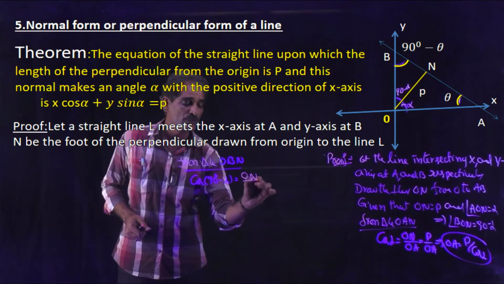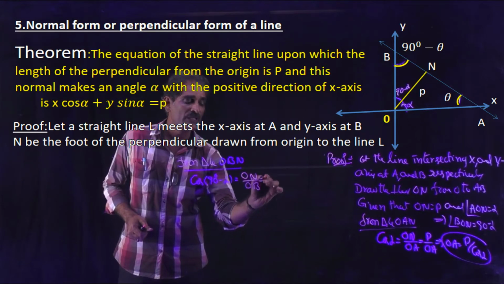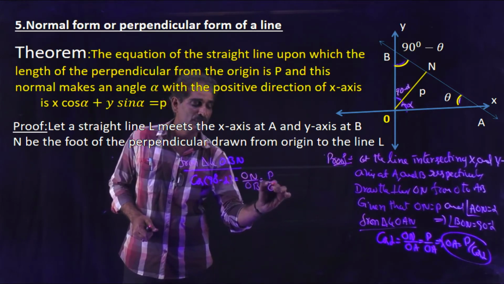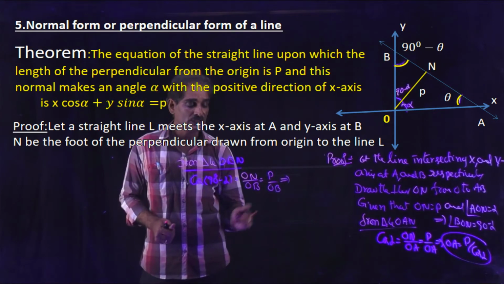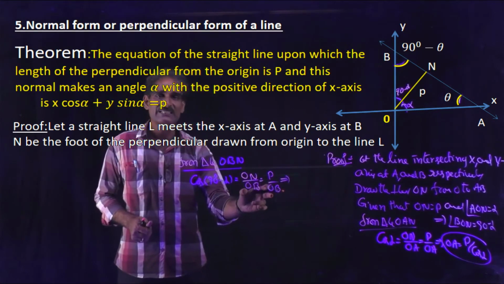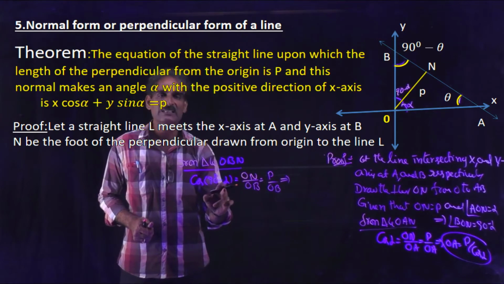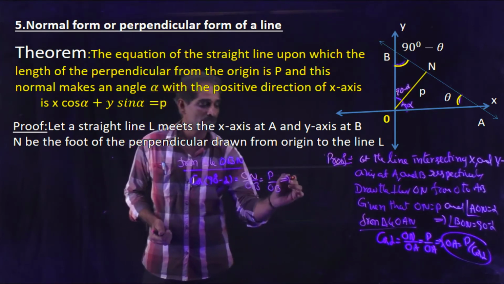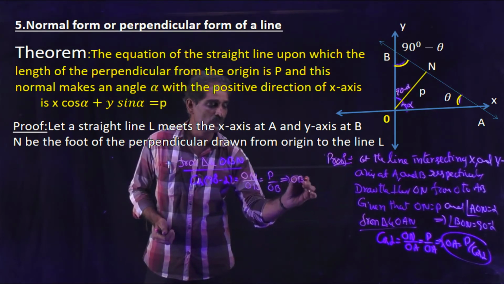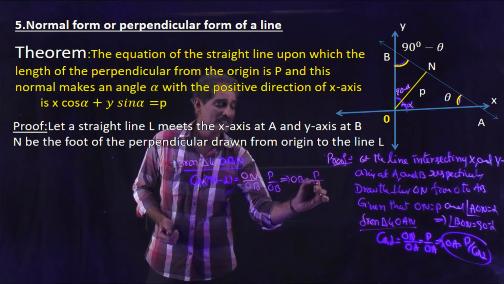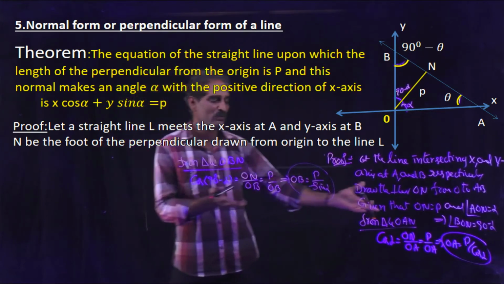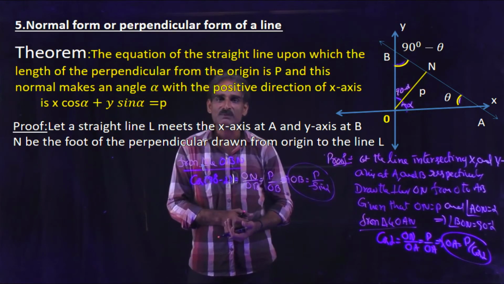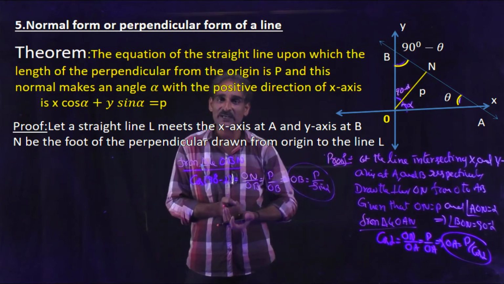Hypotenuse OB. ON is nothing but p by OB. Understand? From this, the value of OB is equal to p by cos 90 minus alpha, that means sin alpha. OB is equal to p by sin alpha. Okay, now here we have OA and OB values, that means x-intercept and y-intercept.